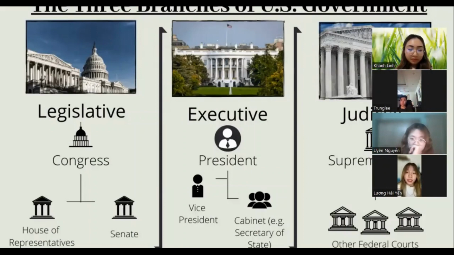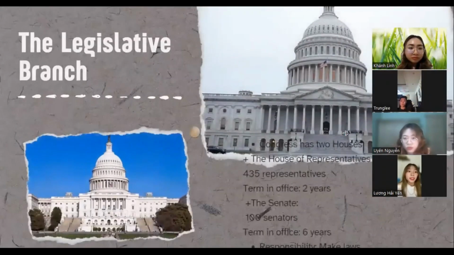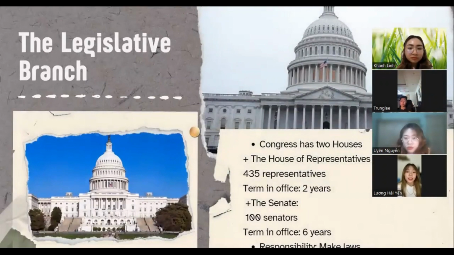And the last one is the judicial branch. The judicial branch is the federal court system. It is headed by the U.S. Supreme Court, the highest court in the nation. And we will dig deeper into each branch of the U.S. government system. The first is the legislative branch.